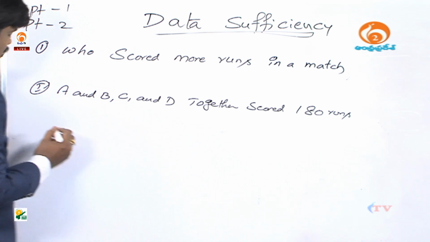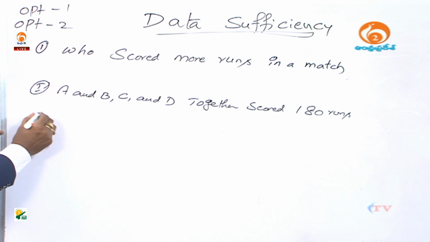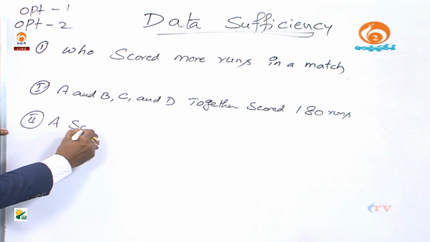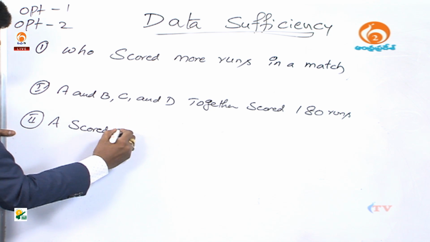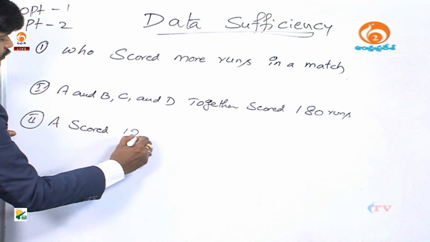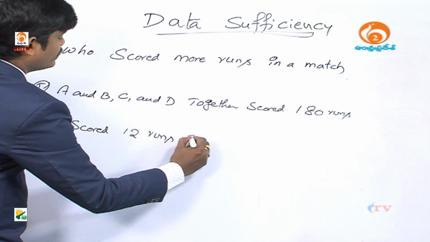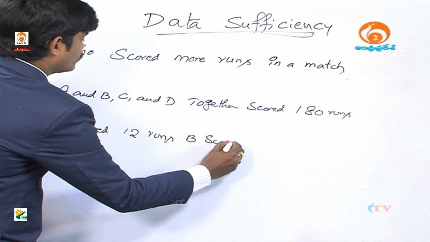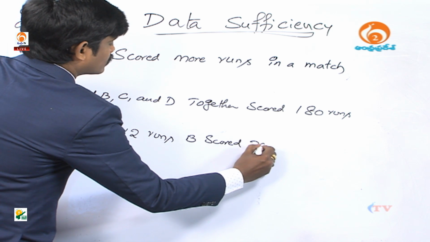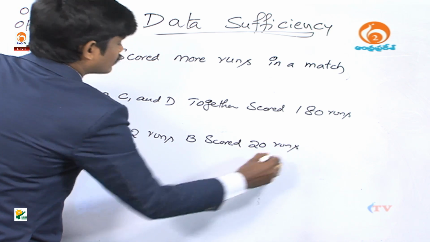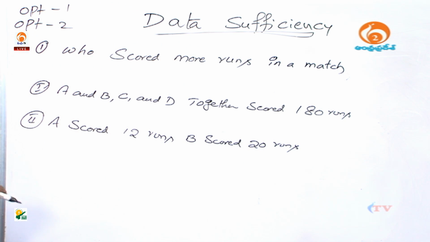And second conclusion: A scored 12 runs and B scored 20 runs, right.